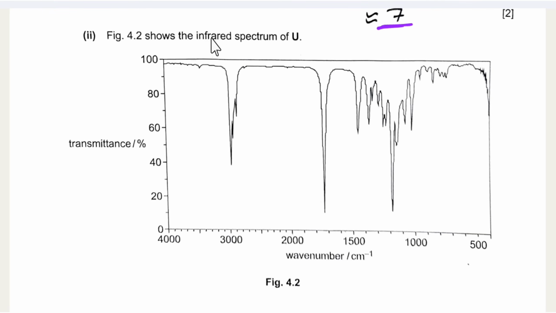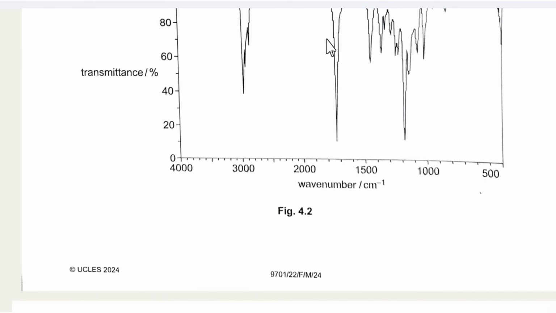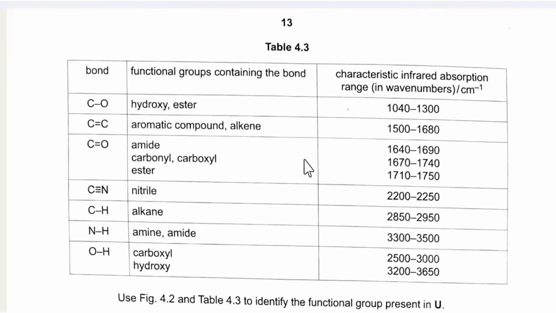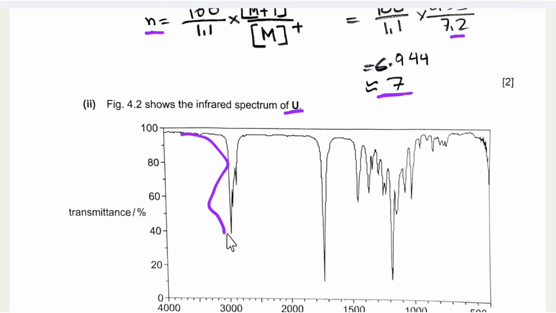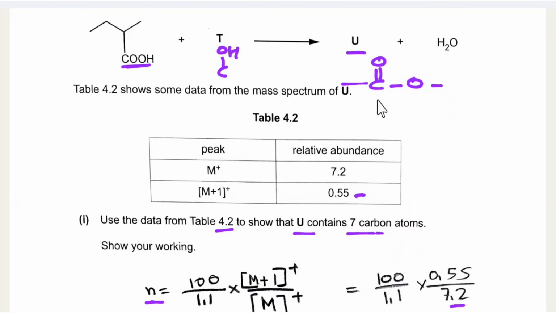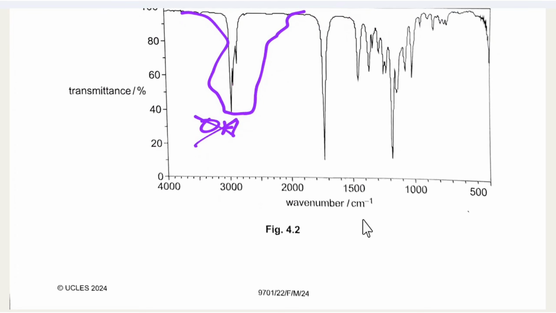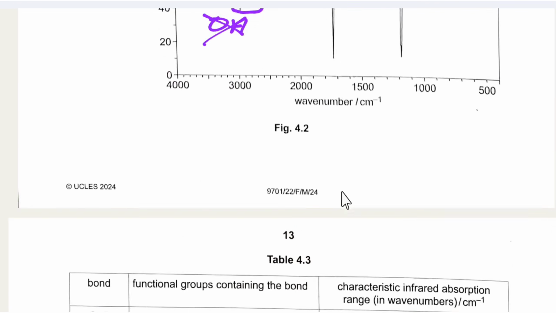Then this figure shows the infrared spectrum of U, and from this infrared spectrum we can see that no broad peak is present. So that means an OH group is not present. That means U must be an ester. Then here we can see that there is a sharp peak present, at 1720.